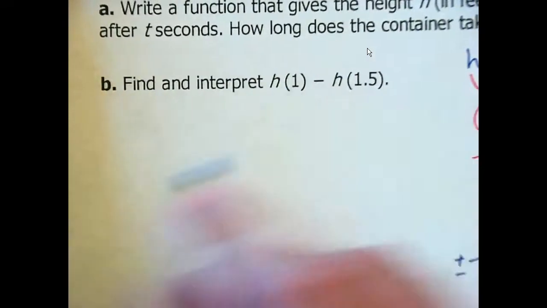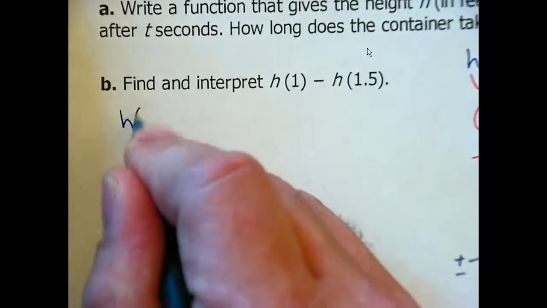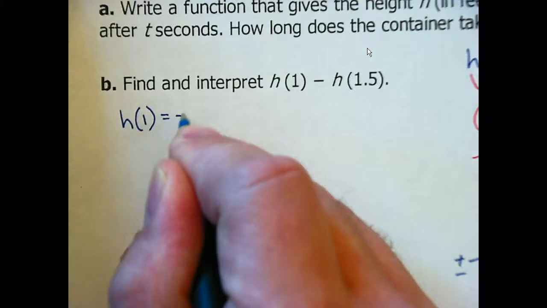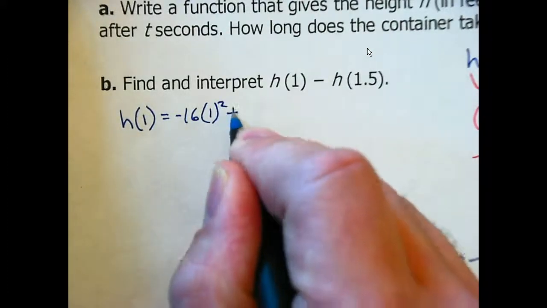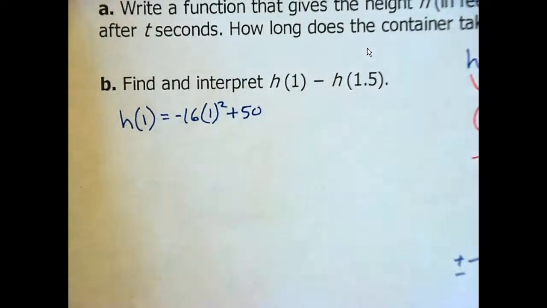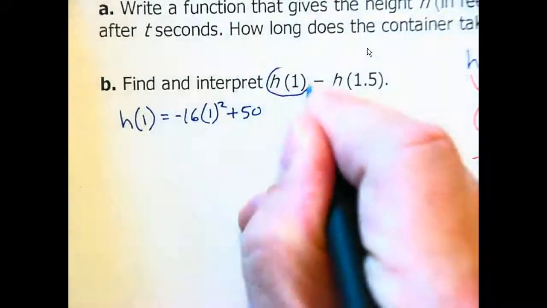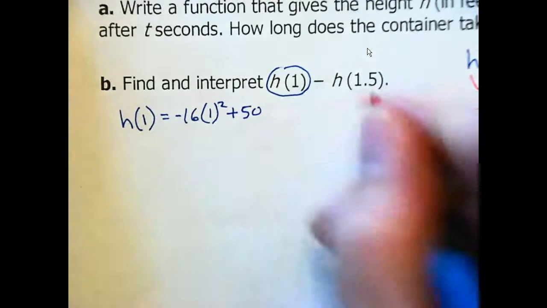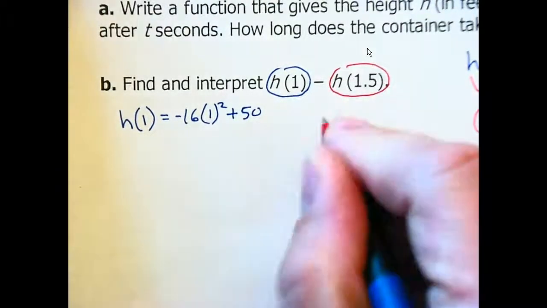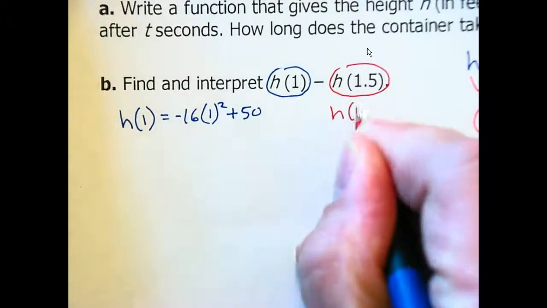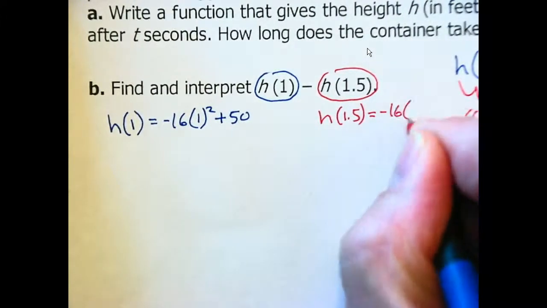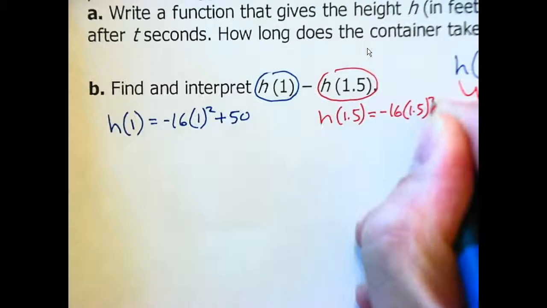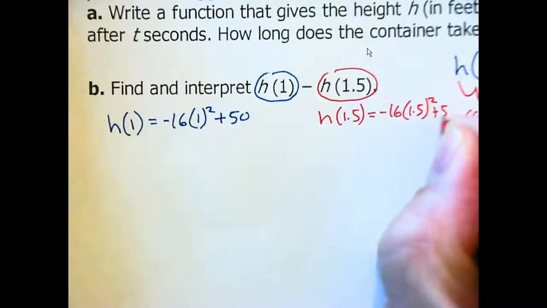So let's evaluate h of 1. h of 1 is equal to negative 16 times 1 squared plus 50. That's this one. And h of 1.5 is negative 16 times 1.5 squared plus 50.